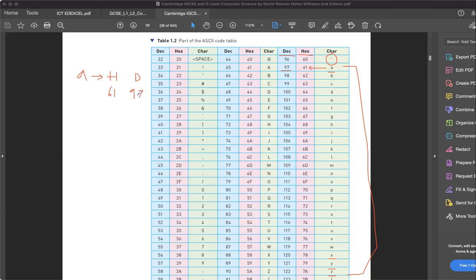How do you recognize in exams which one is hexa and which one is denary? If there is a percentage sign with the value, it means it is hexa. And if there is no percentage sign, it means it is denary.